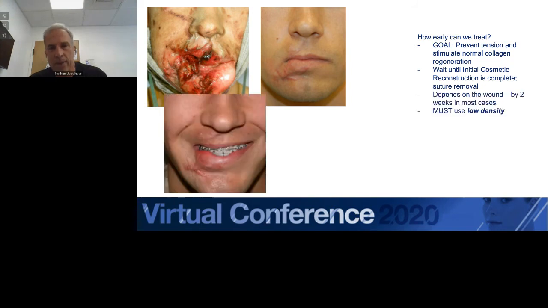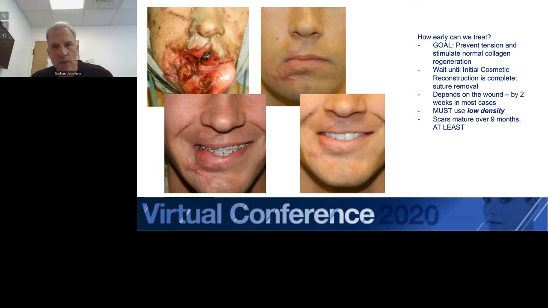And usually that happens at about 2 weeks in most cases. But again, at that time, we want to make sure we're using low density settings. If you're using these low density settings, you're able to do it confidently and not get in the way of the scar healing, which is, again, going to take over 9 months at least for a scar to heal.